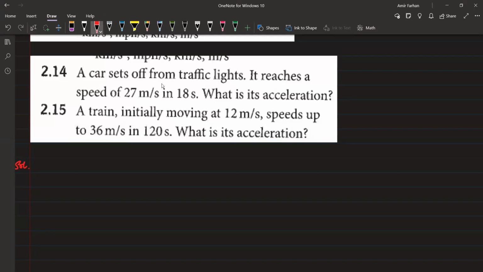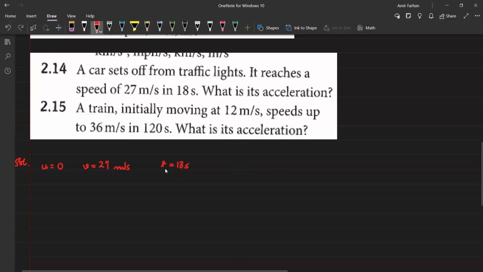A car sets off from a traffic light. It reaches a speed of 27 meters per second in 18 seconds. What is the acceleration? Basically, when the car was at the traffic light, the initial speed u should be 0, because the car was at rest. And v is equal to 27 meters per second, the final velocity, and the time taken to reach this speed is 18 seconds.